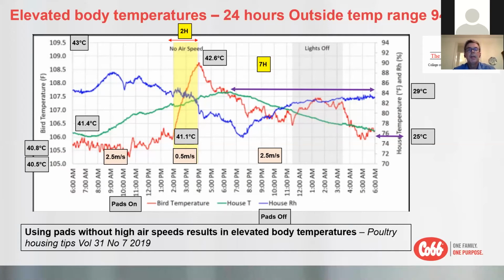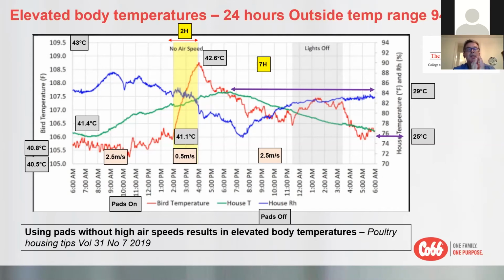The left vertical axis is bird temperature, measured in the red line, the red graph. The green graph is the actual house temperature, and the blue is the actual house humidity inside the house.